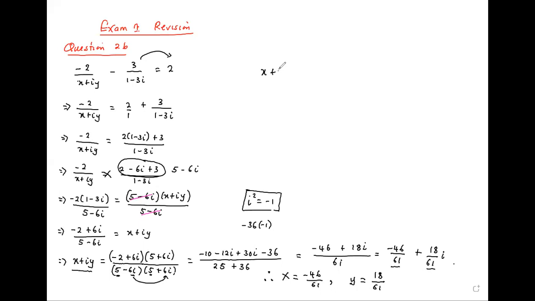Since we have x plus iy equal to negative 46 over 61 plus 18 over 61 i, y, which is the coefficient of i, should be the same as 18 over 61, the coefficient of i. And the number without i, the x, should be the same as negative 46 over 61, without i.